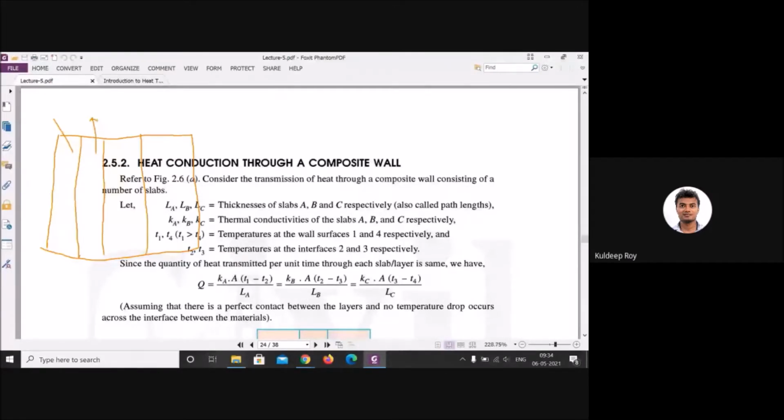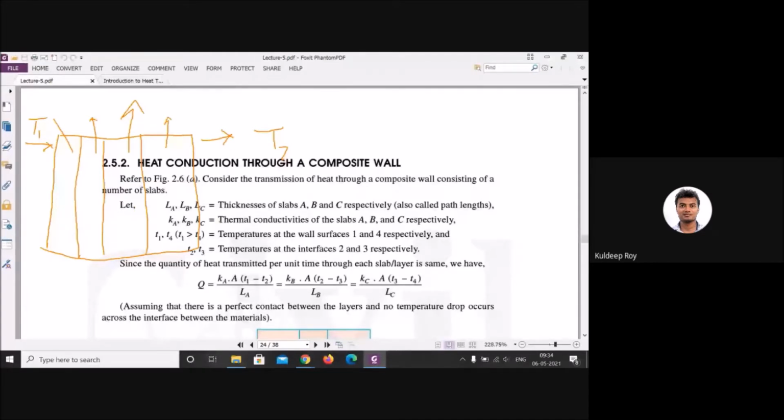Then here will be some kind of metal sheet, and again here will be some kind of coating. If the heat is transferring in this direction, from here to here, here will be the higher temperature, T1 will be higher than T2. So what will happen if you consider this kind of wall, and how will the heat transfer take place from this surface to this surface? We will talk a little bit about this.